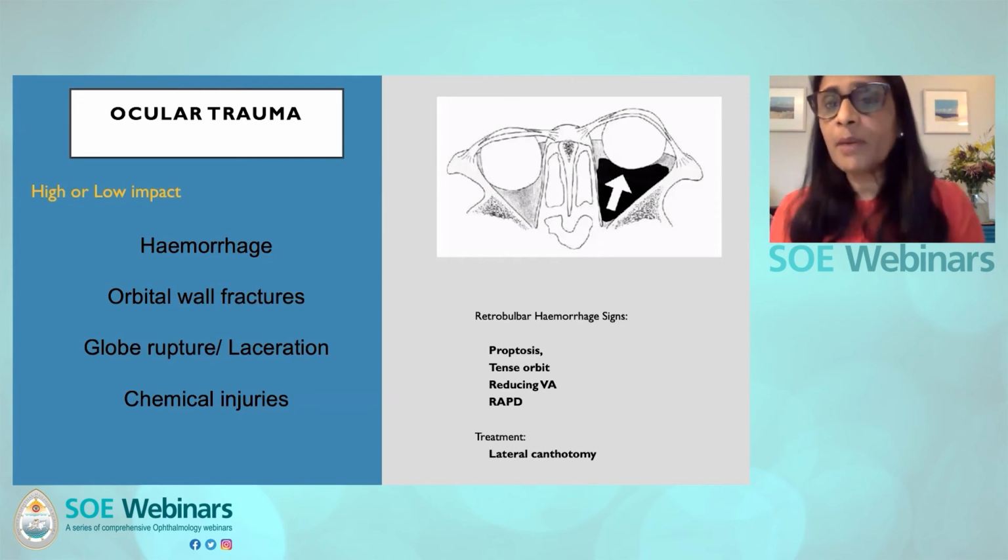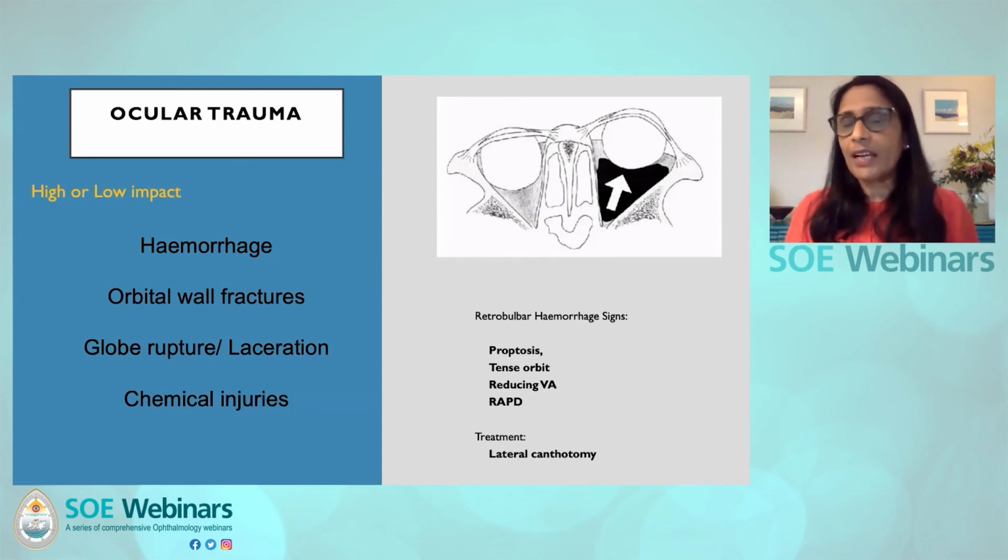There's no time to investigate in terms of, shall we do a CT scan? Because the problem is the optic nerve is at risk and you are at risk of losing that patient's vision.